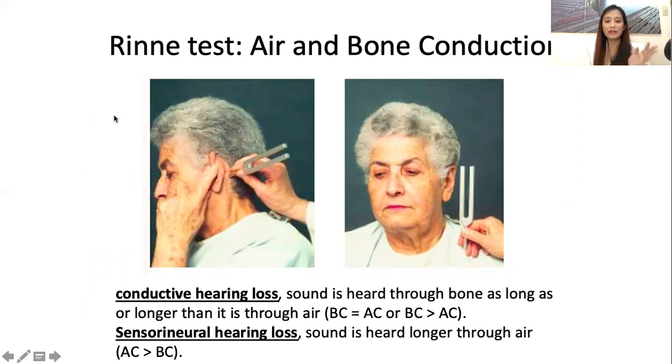So first, again, you tap your tuning fork lightly and place it behind the ear of the patient like that while it is vibrating. And then you ask the patient to tell you when they've stopped hearing the sound. If they've stopped hearing the sound, Doc, hindi ko na po naririnig. And then you place your tuning fork here in the air beside the patient's ear.